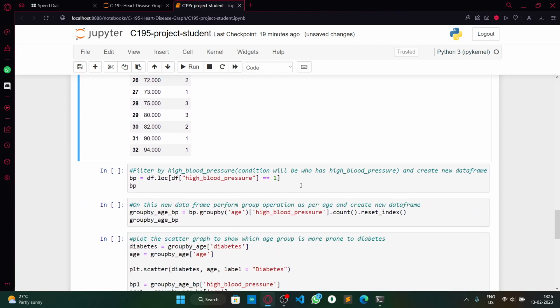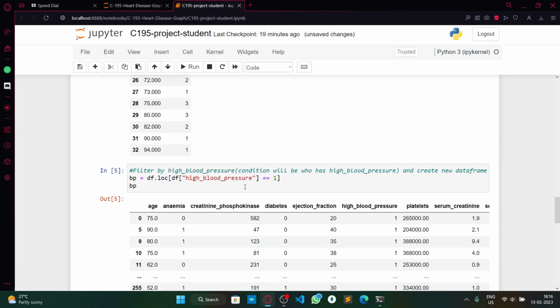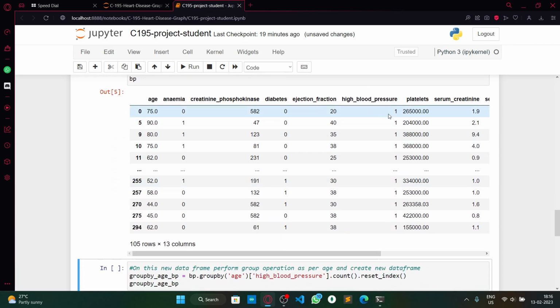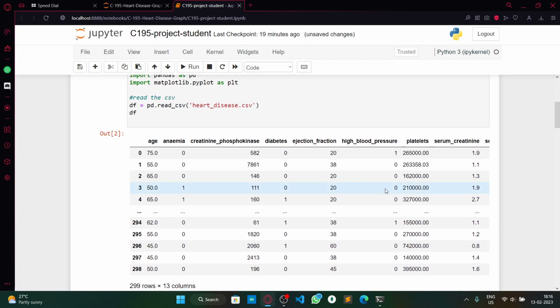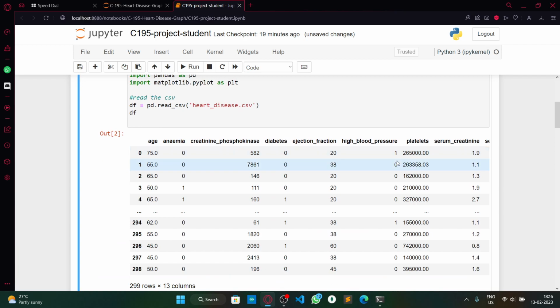And then we are taking the blood pressure here. You understand what blood pressure means? Yeah, pressure in your blood. If it is 1, similarly, if you see the data, you have zeros and ones. 0 means no high blood pressure, like low. What is normal? 120 by 80.